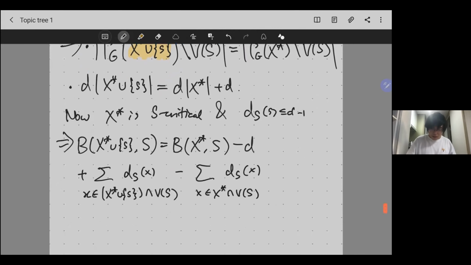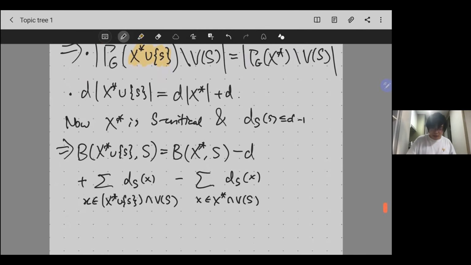Because X star is S critical, so this is 0. Okay. This equals 0 minus D. And you look at the last two terms, the only difference is the vertex S, because the set only changes by the singleton S. But our vertex S has degree at most D minus 1, so this is at most -1, which is well, almost a contradiction.